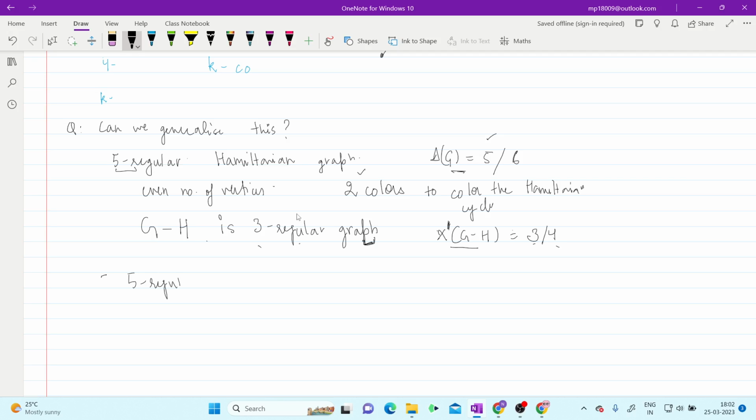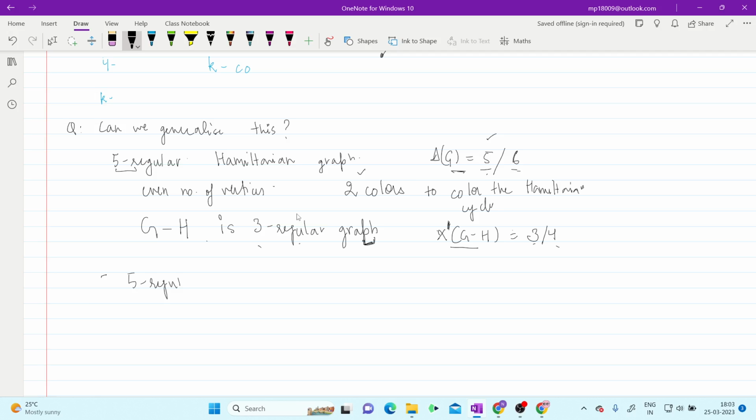So it might not be a valid question, because if for some example it is coming out to be 5 and for some example it is coming out to be 6, then we cannot show it. But the answer will be either 5 or 6. Yes, it will be either 5 or 6, but a 5 regular Hamiltonian graph is not unique.